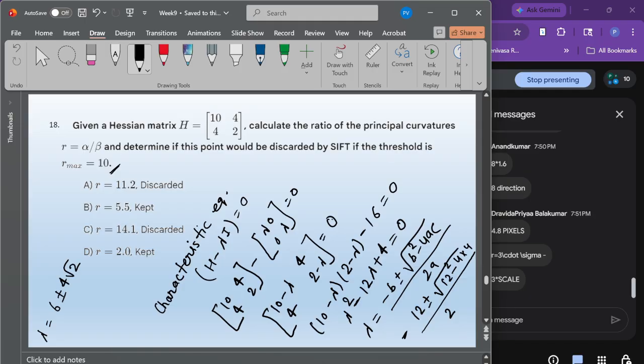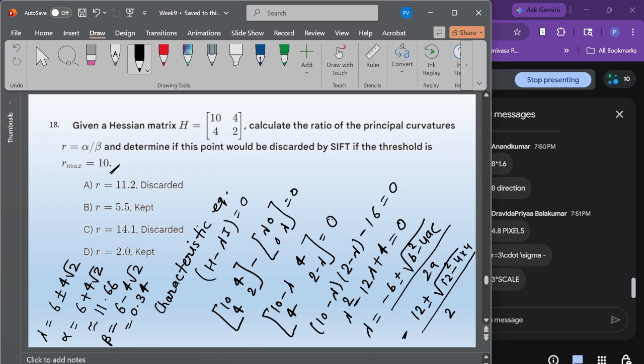The maximum value is 6 plus 4 root 2, which is approximately 11.66. Just calculate the root 2 value, multiply it and add it. Now the next one is beta, 6 minus 4 root 2, which gives 0.34.